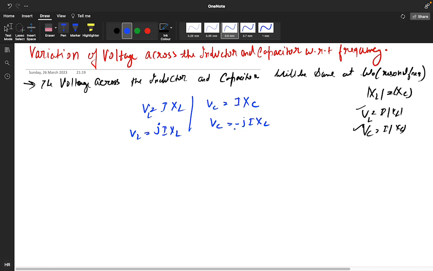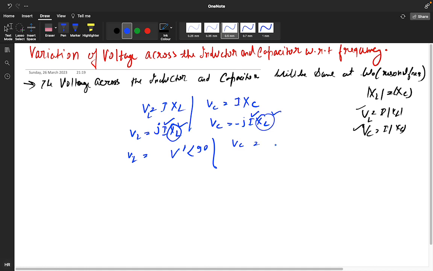That's why minus j came. This current is the same, so the magnitude will be the same. VL is V dash at an angle of 90 degrees, and VC is V dash at an angle of minus 90 degrees. The magnitudes are the same, but the angles are out of phase.